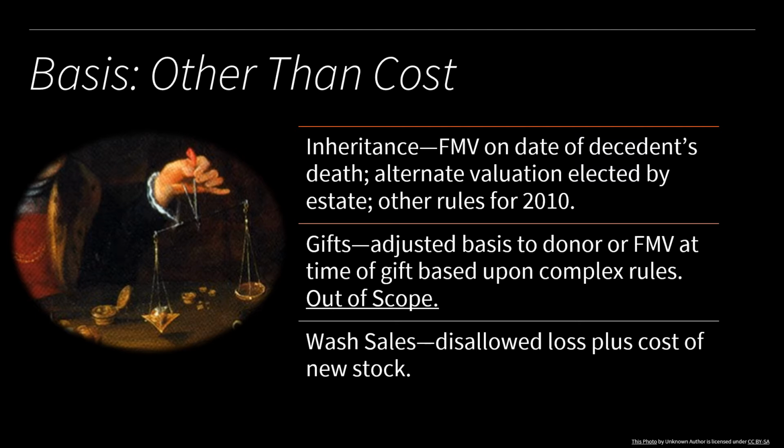So in the case of a wash sale, the basis of the new stock is the cost plus the disallowed loss. What that does is push off the loss down the road until that taxpayer sells that property for good, essentially.